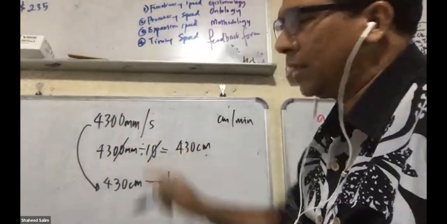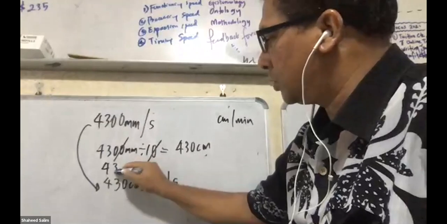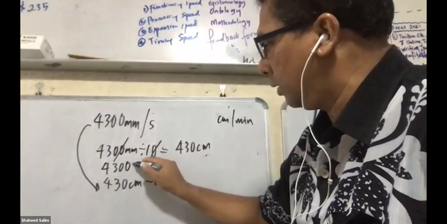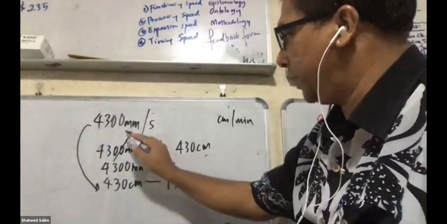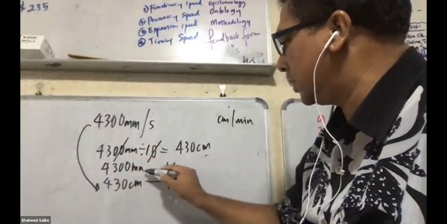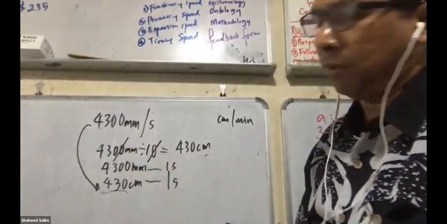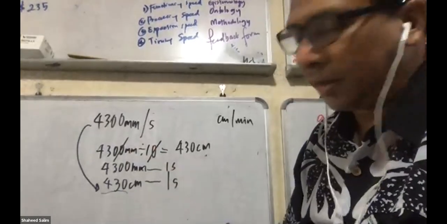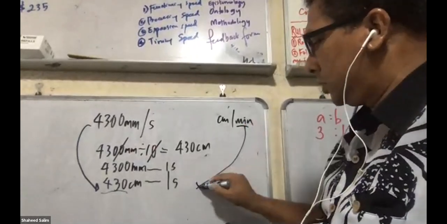I've changed this now. 4,300 mm in 1 second. This is speed, right? I've changed it now, the unit to 430 cm. How do I get that? I divide by 10.